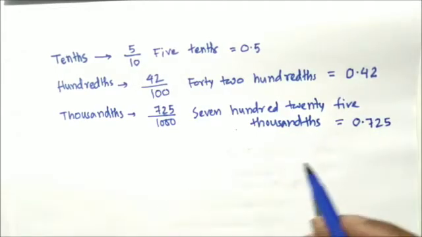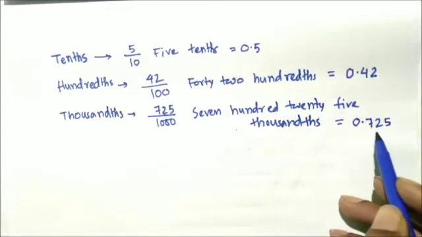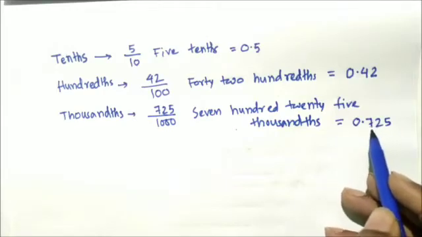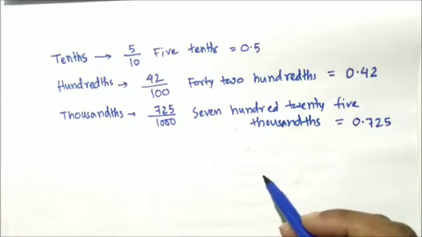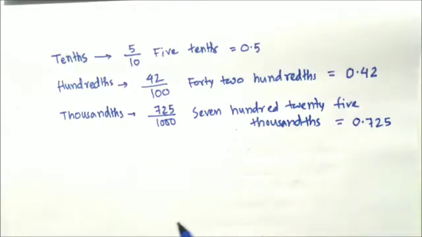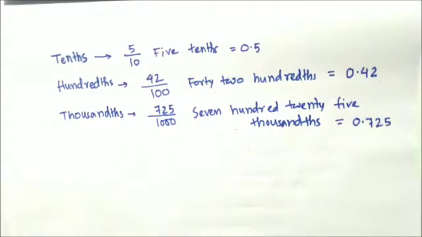We used to read it one by one after the decimal point: the digits placed after the decimal point, we read them one by one, 0.725. We do not read it as zero point seven hundred twenty-five. We read it as 0.725. We read it as 0.42. Correct? I hope it is clear.